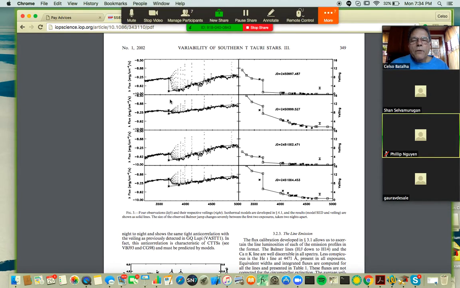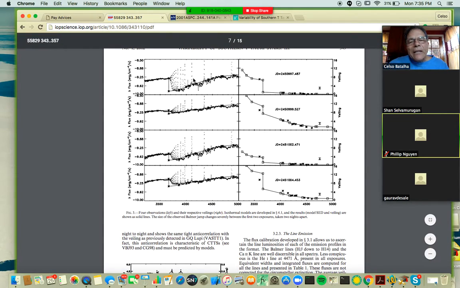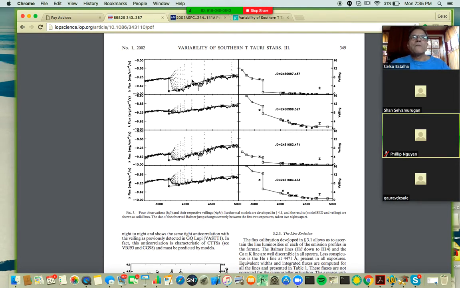Now this jump, as you can see in the spectra, changes in size depending on the day of your observation. This is the day right here, and the intensity of the line. Philip was mentioning classical T Tauri stars as the ones that have strong lines, and weak T Tauri stars as the ones that don't.